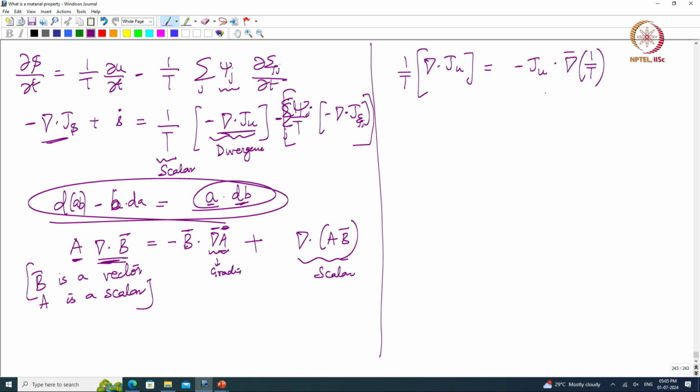Okay. Then I have summation psi j by T and then del dot j this thing, right. Now, I am just going to write it as okay. So, plus del Ju by T, right. So, this is just using the chain rule.